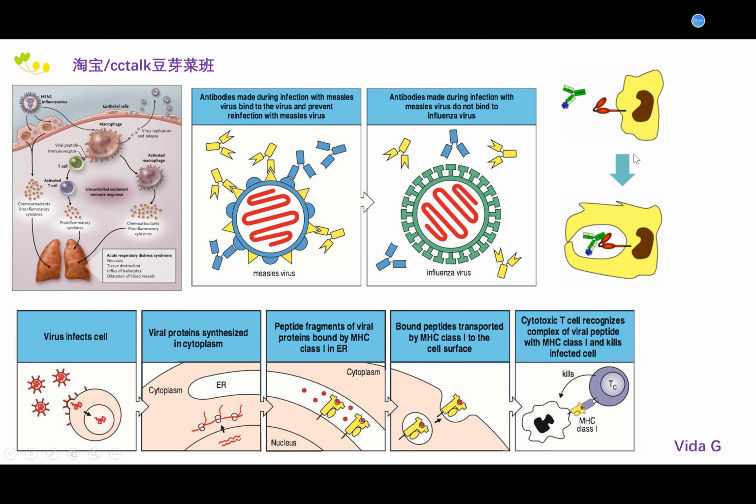The macrophage or B cell will engulf the virus and then go through the MHC class 2 pathway and help our body to produce more antibodies, and the virus itself will be degraded by the macrophage or B cell.